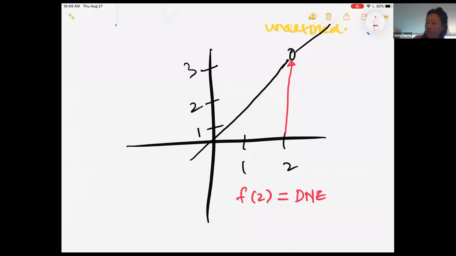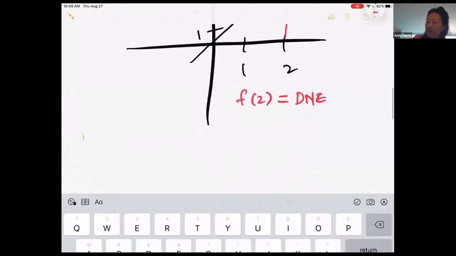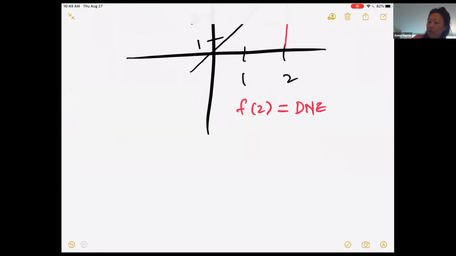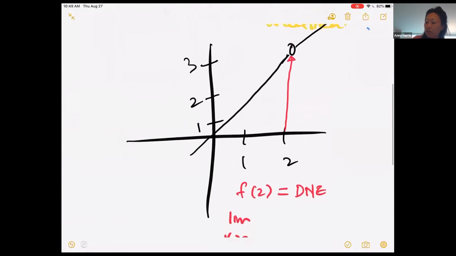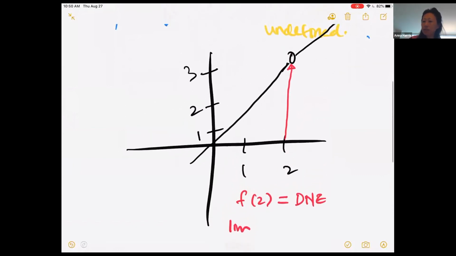But if I ask you the limit as x approaches 2 of this function, I'm going to look at the right-hand side and left-hand side, and see how it approaches.